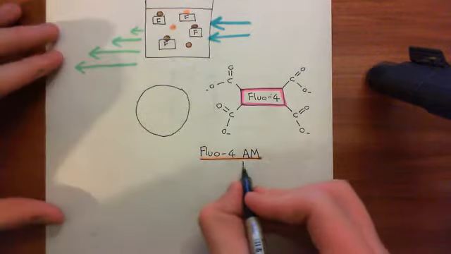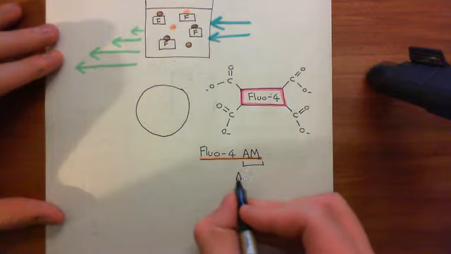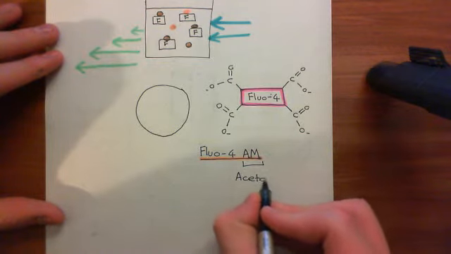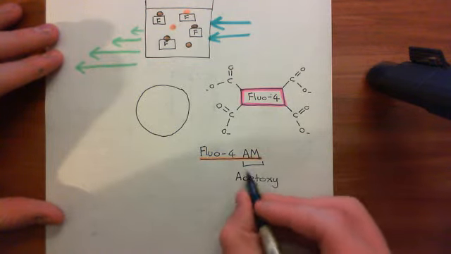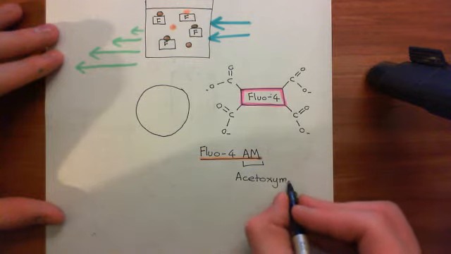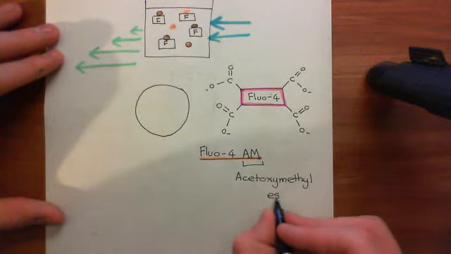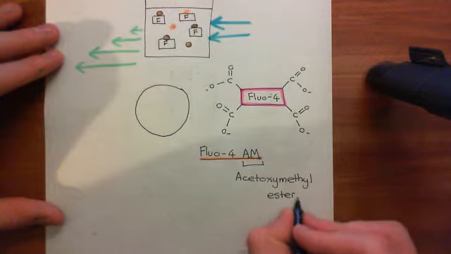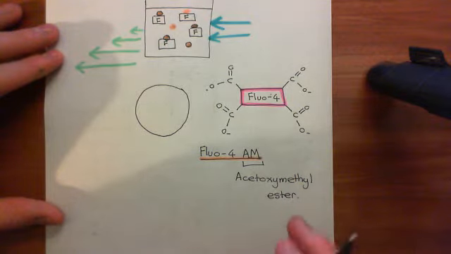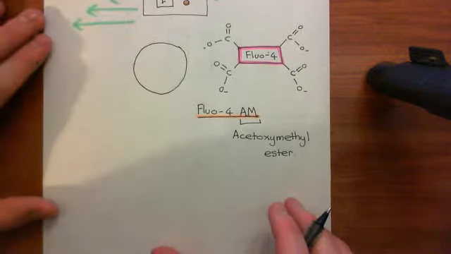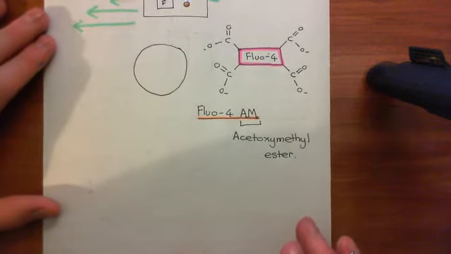This AM stands for acetoxy, so that's the A, and the M is for methyl. So the acetoxymethyl ester. We are going to use the acetoxymethyl ester of Fluo-4 to load cells with this dye.